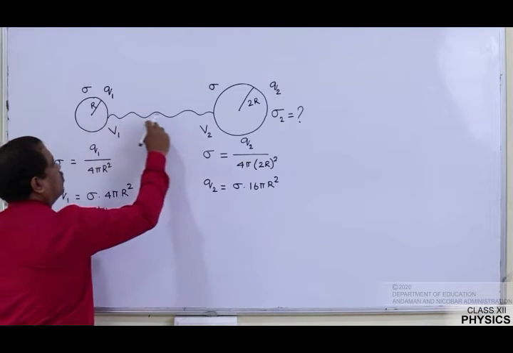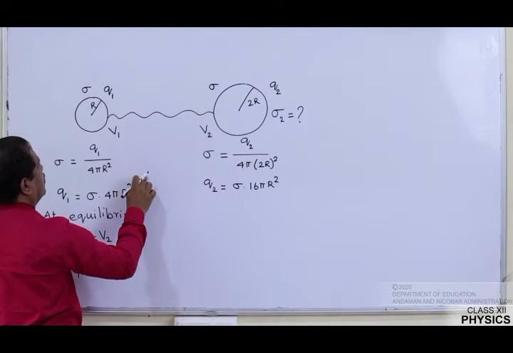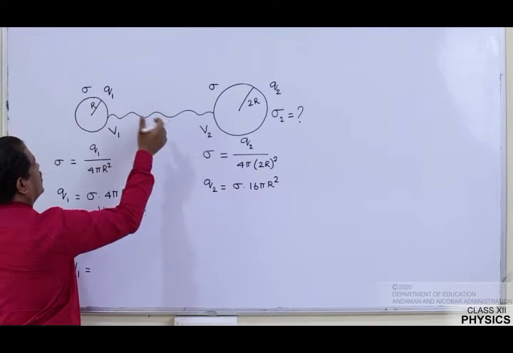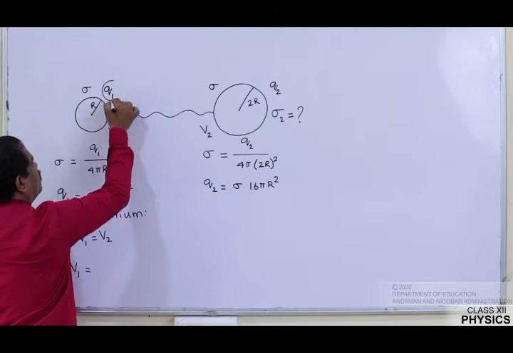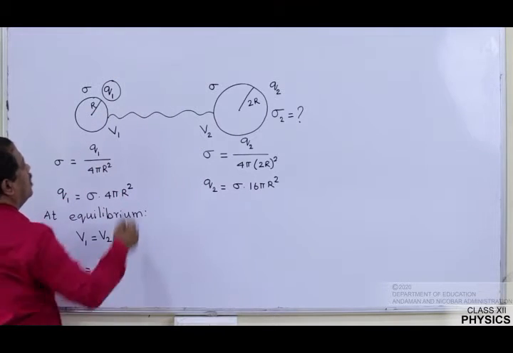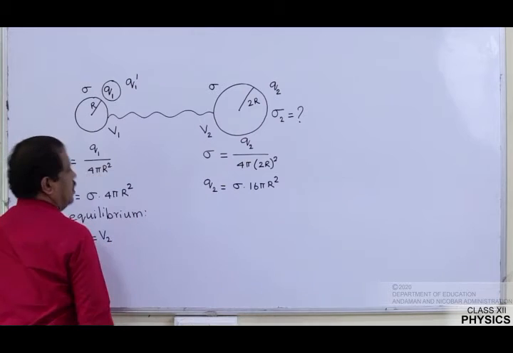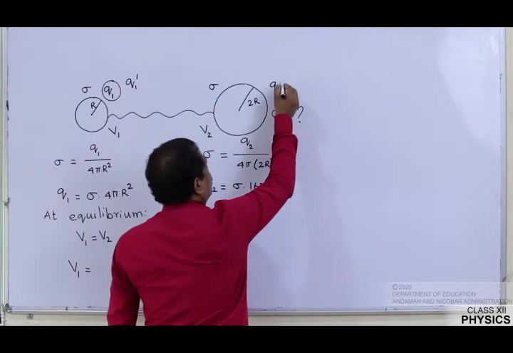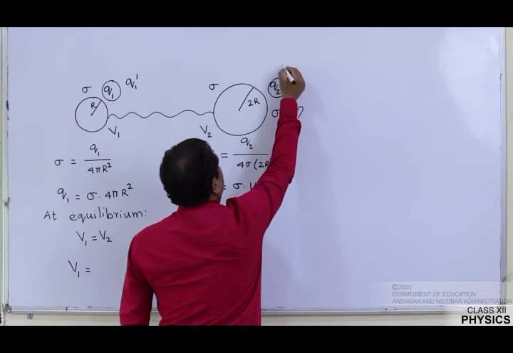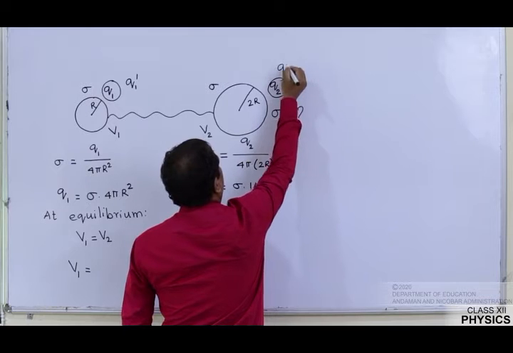Once the two conductors are connected, sharing of charges takes place. After sharing of charges, the charge will not remain q1 anymore, but this time let me say it has become q1 dash, and here the charge is not going to remain q2. Instead, let us assume that the charge is now q2 dash.